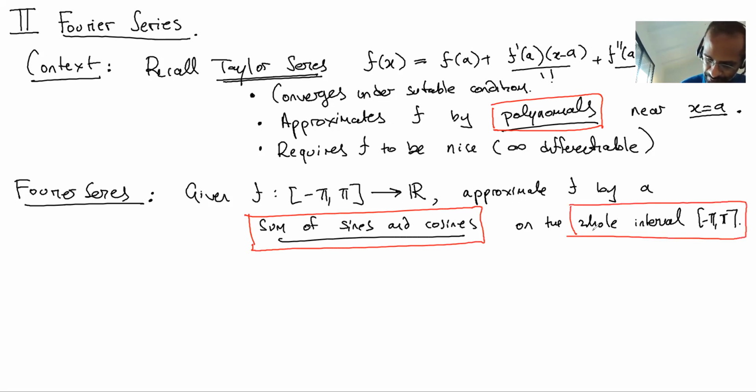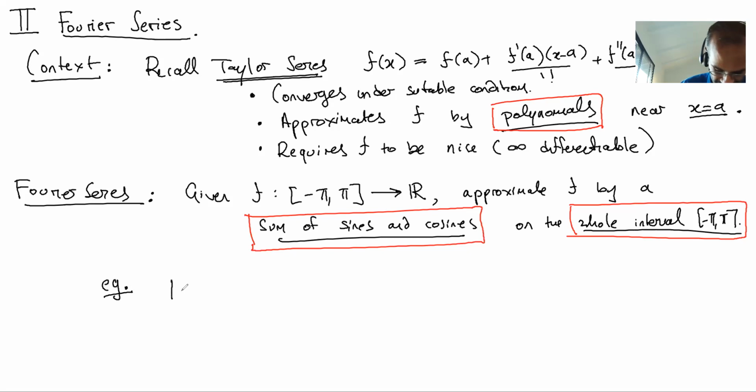Okay, when you ask this, it sounds like it's impossible, right? It's not clear why you should be able to approximate some arbitrary function by a sum of sines and cosines. But this is indeed possible in some very great generality. Just looking ahead, I'll give you an example of a Fourier series.